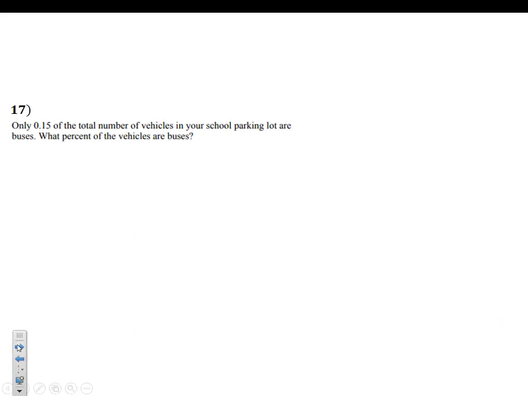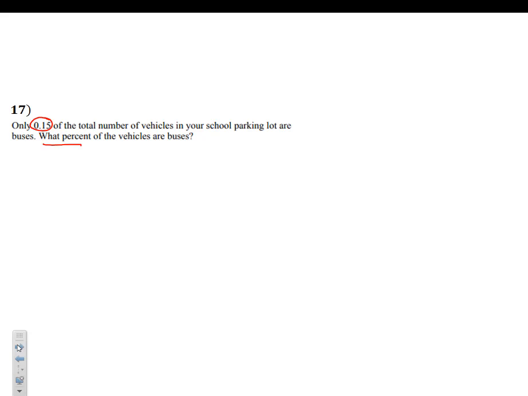Number 17 says only 0.15 or only 15/100ths of the total number of vehicles in your school parking lot are buses. What percent of the vehicles are buses? So I go back and read a second time and mark the text. Only 15/100ths of the total number of vehicles in our parking lot are buses.